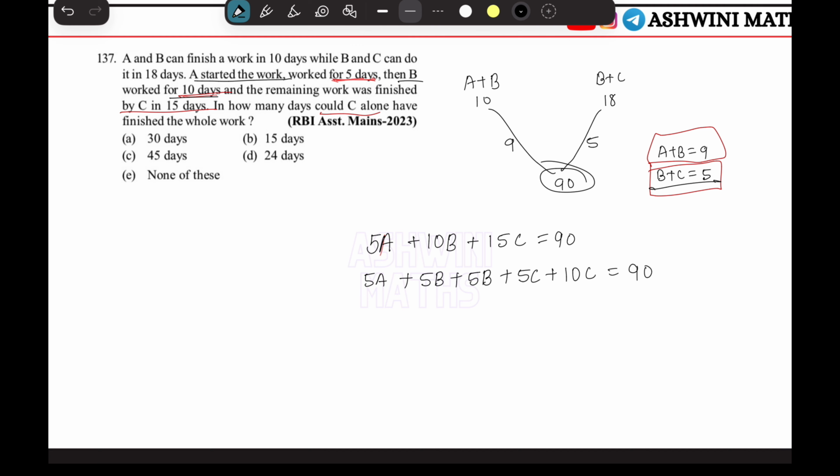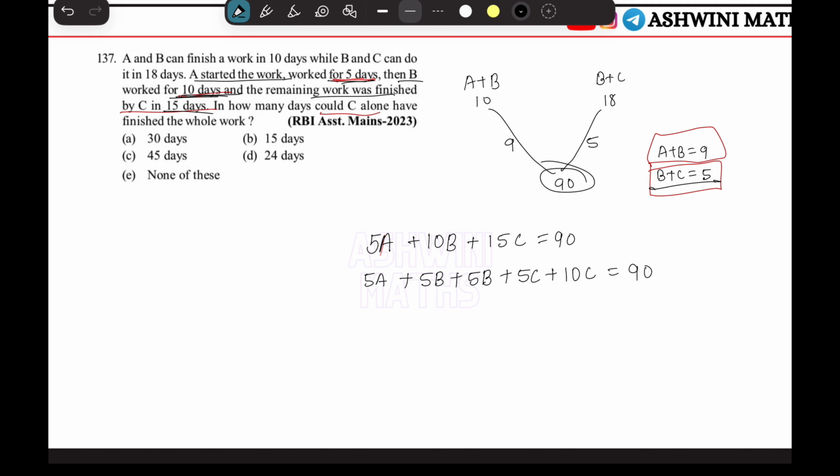Why do we have to do such splitting of work? Look here. A started work and worked for 5 days and B worked for 10 days, and the remaining work was finished by C in 15 days. So A worked for 5 days and B also worked for 10 days. This indicates that B also worked for 5 days.